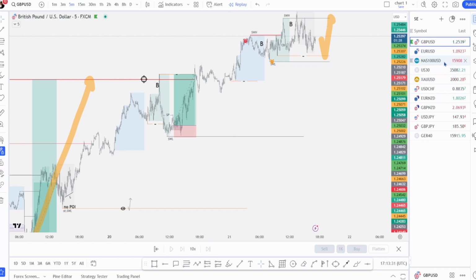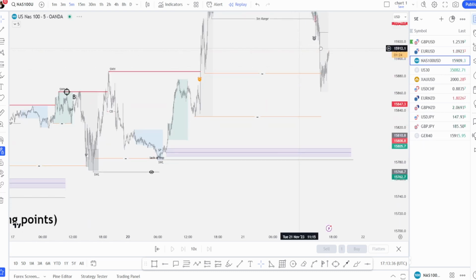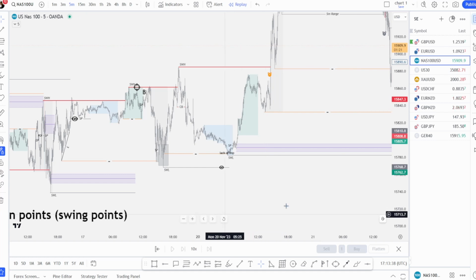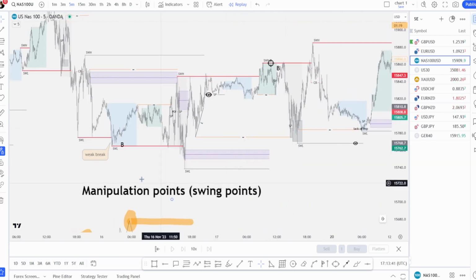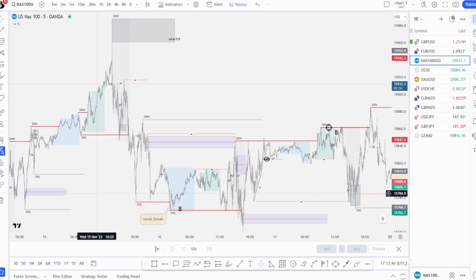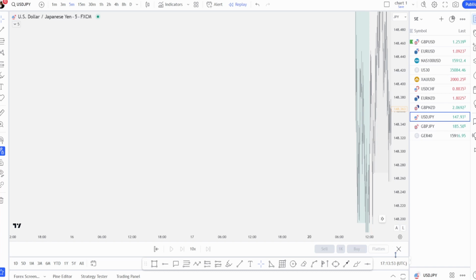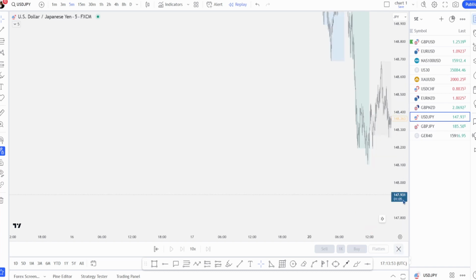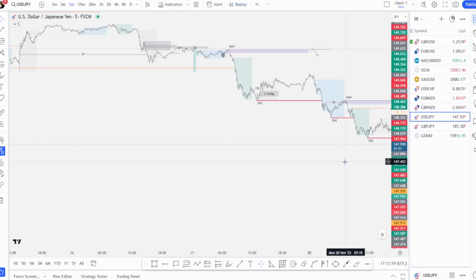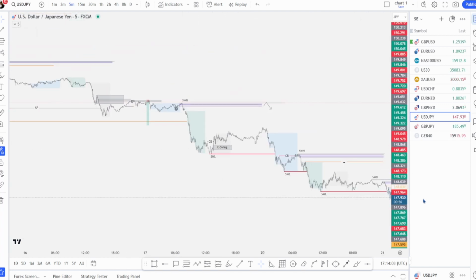Do we have any on NAS 100? I can't even remember if we do. I don't think we even get any A scenarios, do we? Was there one on UJ? I think it was UJ. Get rid of this. Oh, this is so slow. Come on. It's like a tortoise.